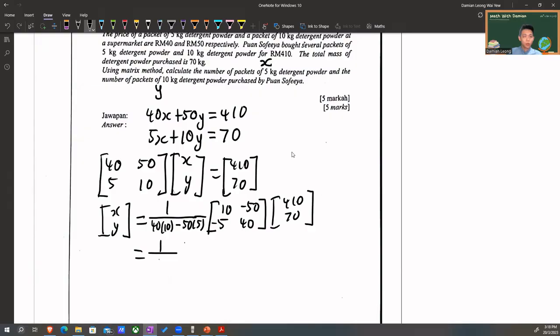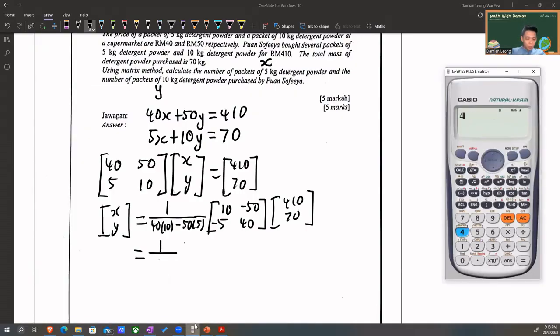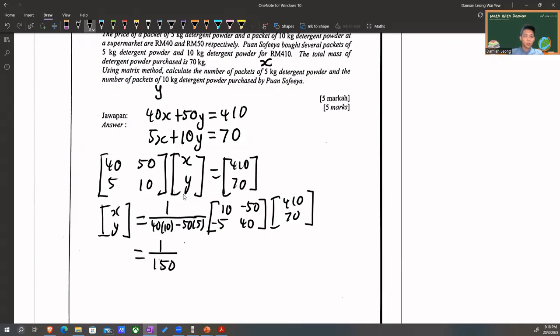Simplify 1 over 40 times 10 minus 50 times 5, 150. Times these two matrices together. Times matrix, remember first matrix follow the rows, second matrix follow the columns. I like to show the grouping of them so that it's less likely to get confused which one to multiply.